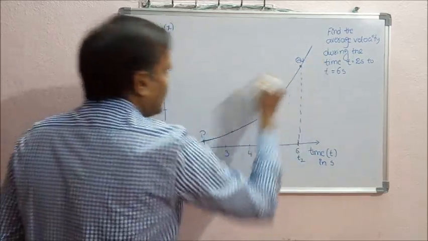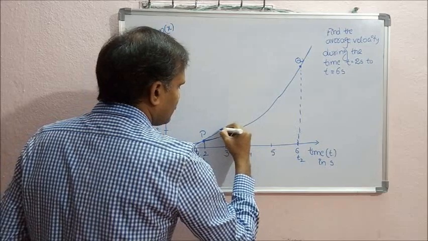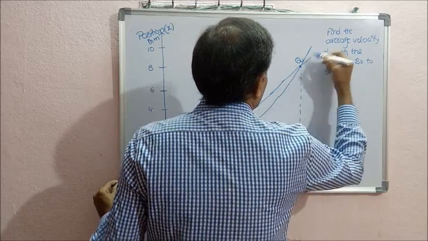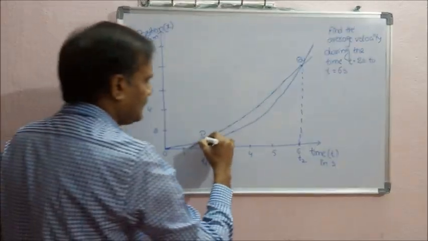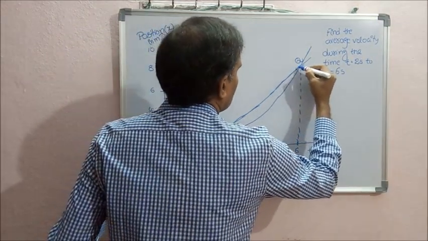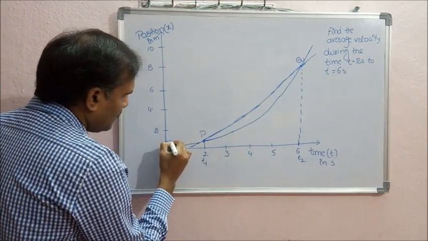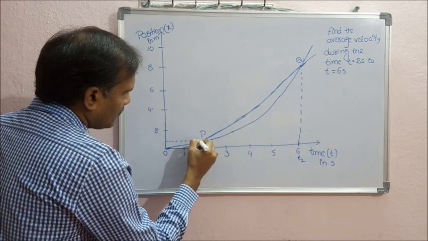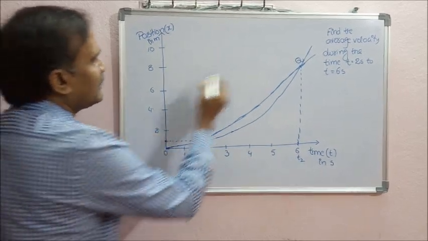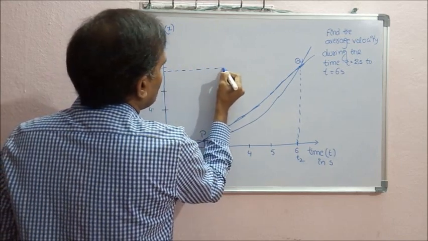Now you draw a straight line by using these 2 points. Now, with respect to this point P, you can draw a line in this manner. With respect to point Q, another line.